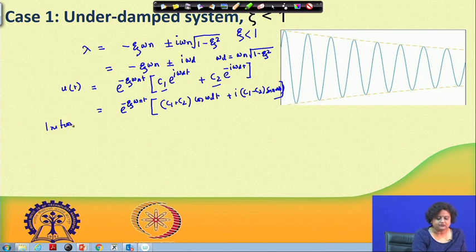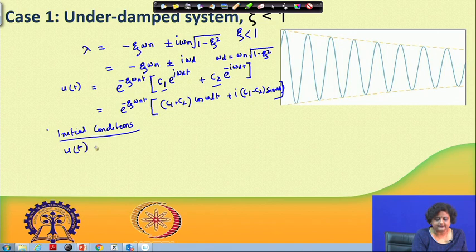Let me assume the initial conditions to be the same as in the free vibration undamped case: u at t equal to 0 is u0, and u dot at t equal to 0 is u dot 0.